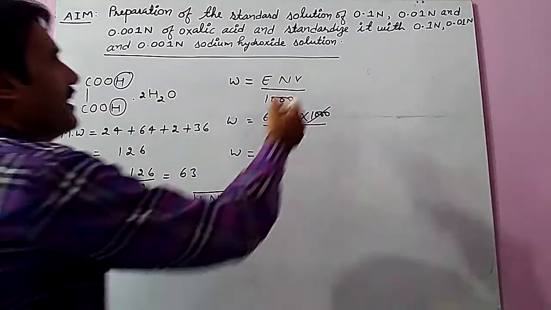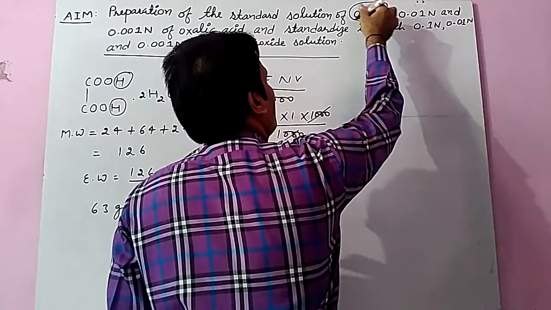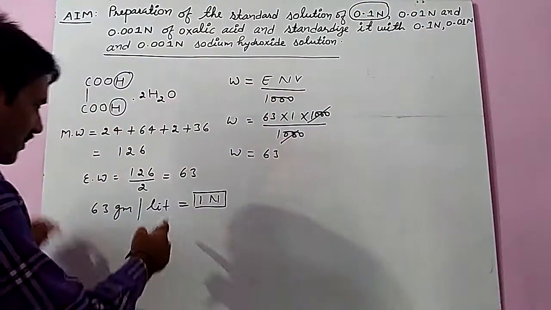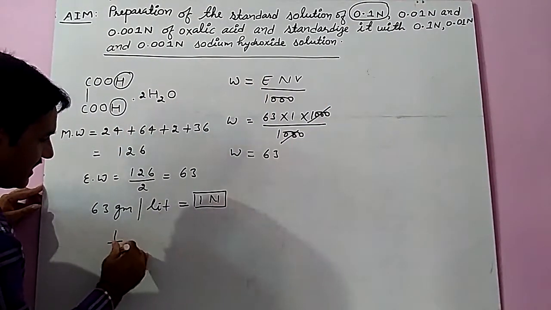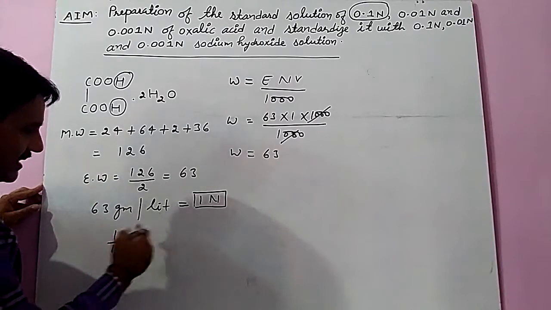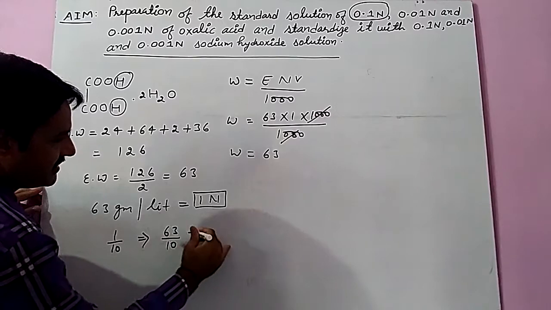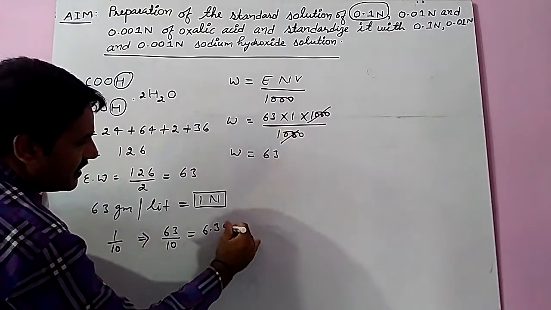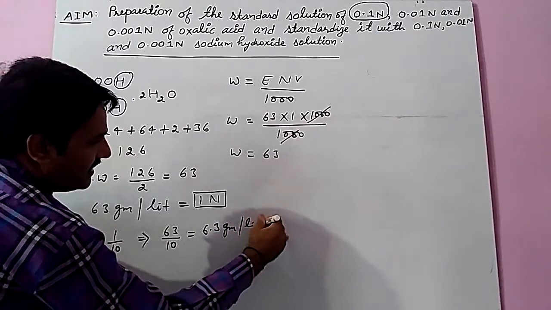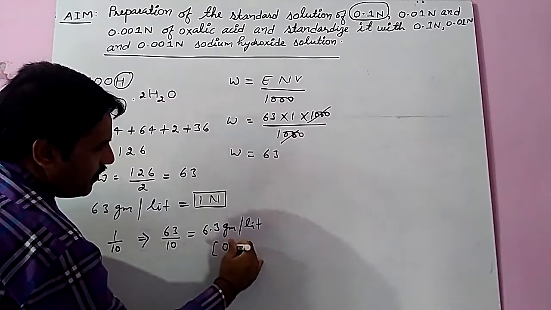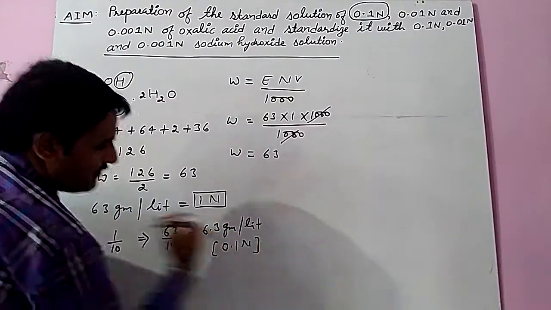And in our experiment, we prepare 0.1N first. So for 0.1N, N by 10, means 63 divided by 10, that is 6.3 gram per liter.